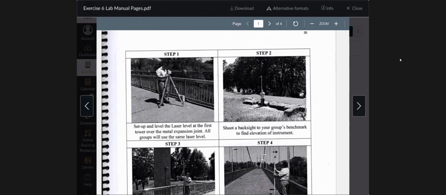So this instrument that we currently have is only a year or two old, and it can reach all the way across the bridge with a pretty good degree of accuracy, still probably within 1/100th or 2/100ths of a foot. Normally that's not accurate enough for surveying purposes, but it's certainly accurate enough for construction. Okay.